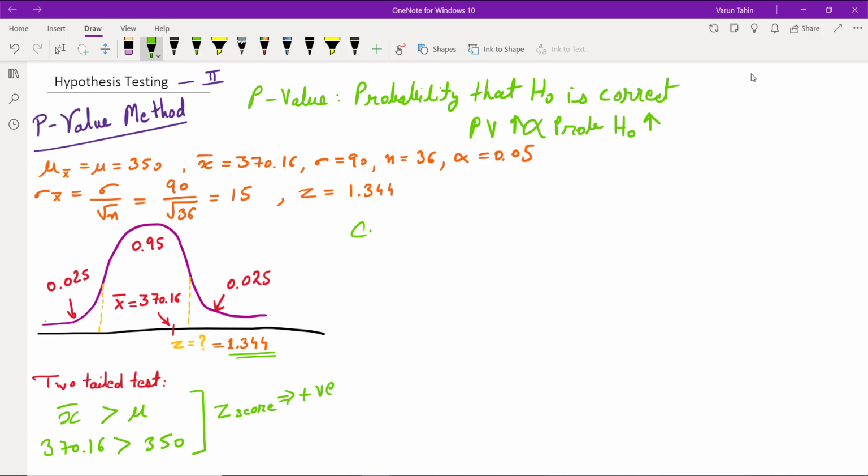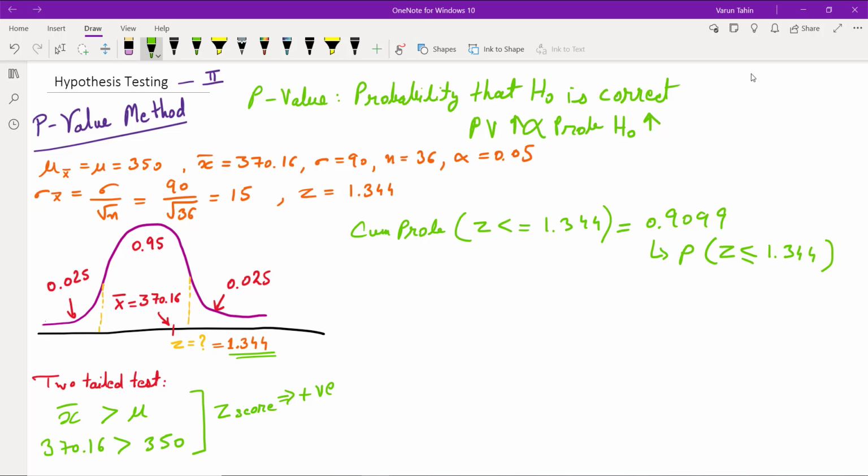The cumulative probability for z less than or equal to 1.344, from the Z table, comes as 0.9099. So this becomes the p-value for z less than or equal to 1.344.